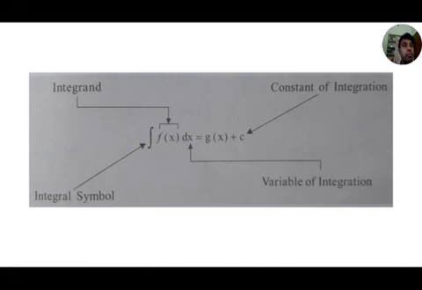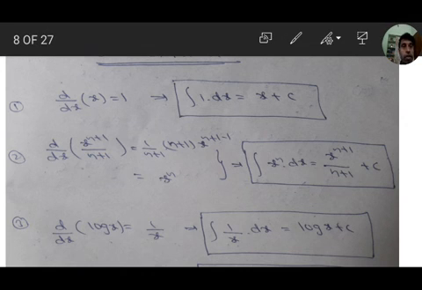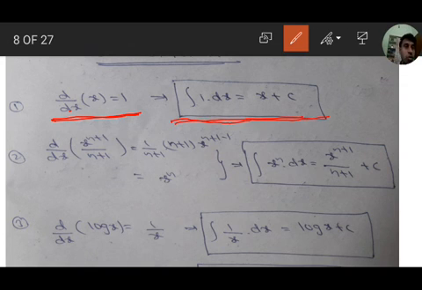Okay, we know the standard formula, derivative of x equal to 1, d by dx of x equal to 1. If you write it reversely, integration of 1 into dx equal to x plus c. This is like d by dx of capital F of x equal to small f of x implies integration of small f of x is capital F of x plus c.